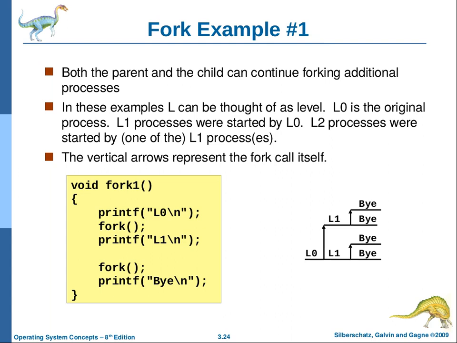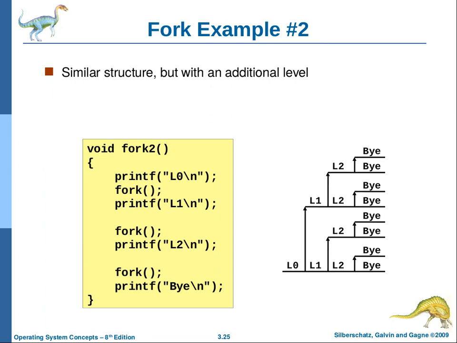All right, fork, print off L0, fork, 2 people are going to print off L1, fork, 4 people are going to say bye. Everyone good with this one? We'll add another layer to it. Now we have 8. V fork.